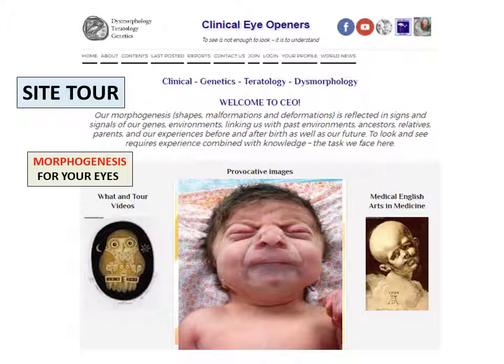In essence, and in brief, this website is about morphogenesis, that is the shape of things, in this case, the shape of human beings, the process of morphogenesis.